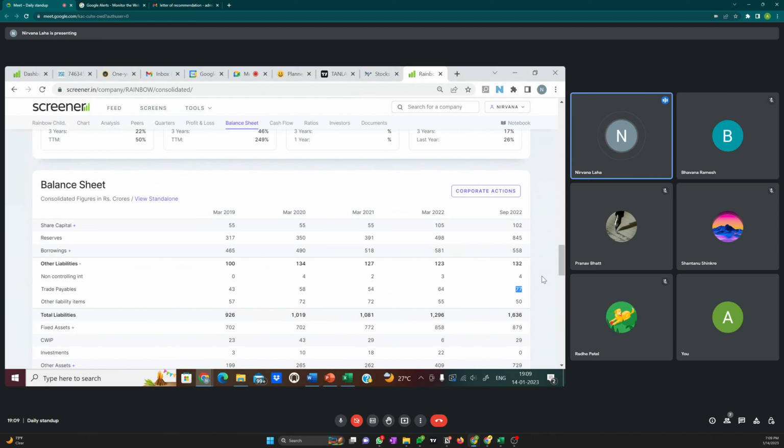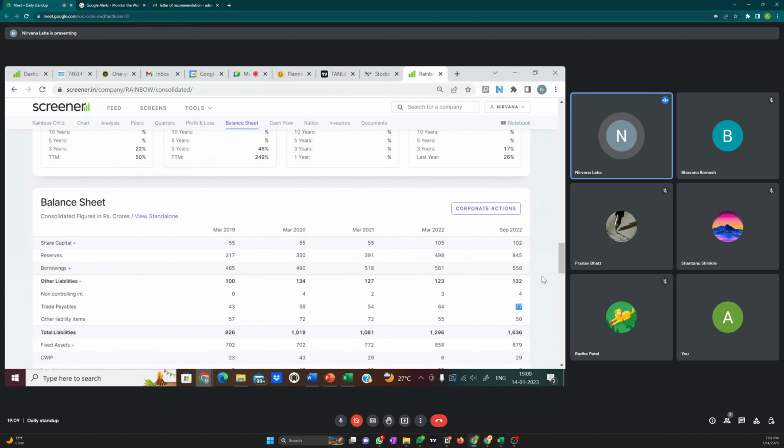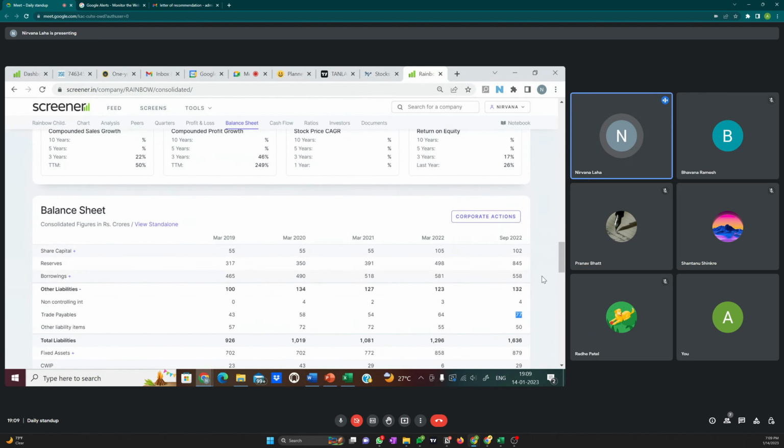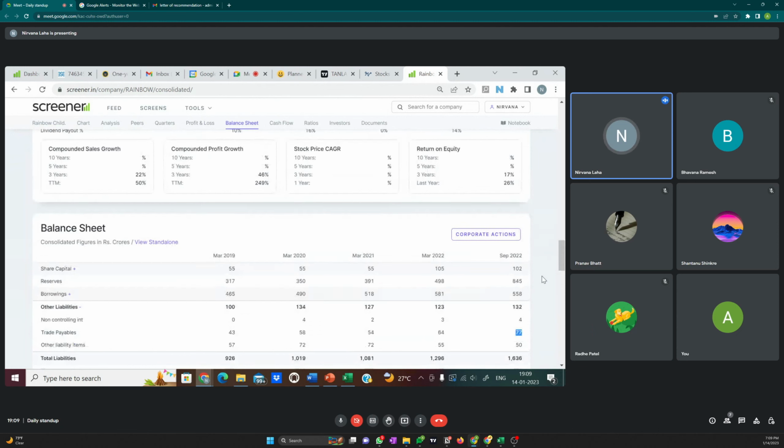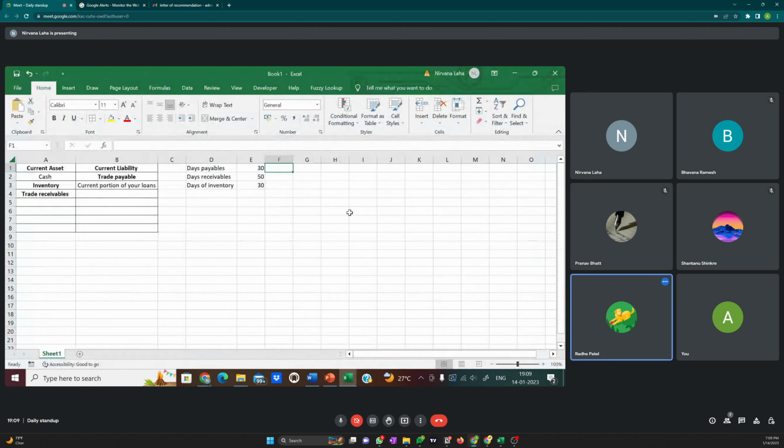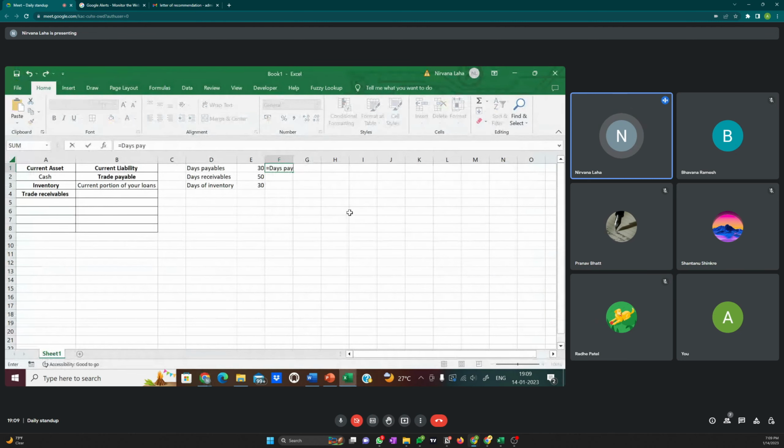Now, if I have to convert this trade payables into days payables, what will I do? Days payables is basically trade payables divided by your cost of goods sold into 365. So days payables is equal to payables by COGS into 365.